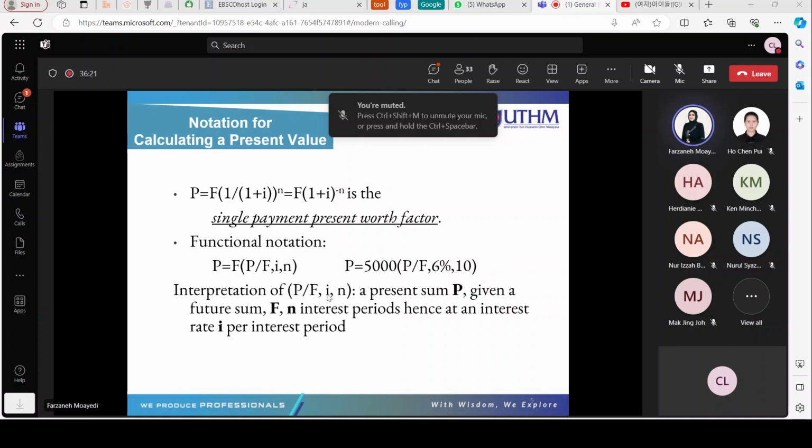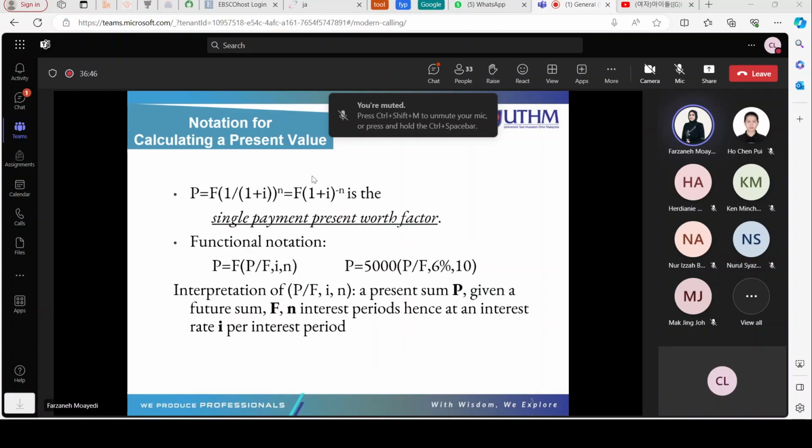Okay, so the interpretation of P/F/N is actually reading the same thing: a present sum, which is P, given a future sum, which is F, and an interest period, which is the duration, and an interest rate, which is I, for the interest period. Okay.